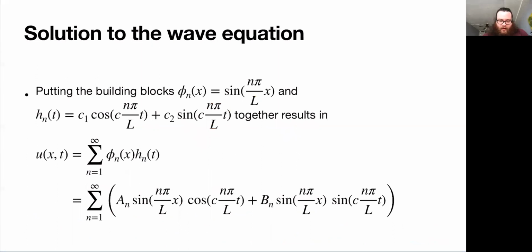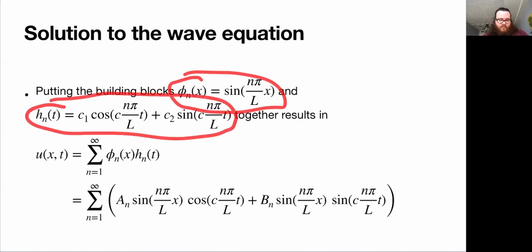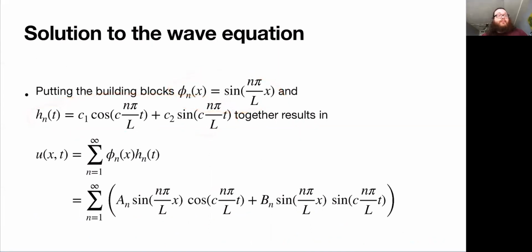Okay. So now, as we usually do, let's plug in the building blocks, this times this, and use the principle of superposition to write the most general solution we can to this problem. And so our general solution here is going to be a linear combination of all of these basic building blocks that we computed. If we actually compute what this product is, well, phi sub n is just this single term.